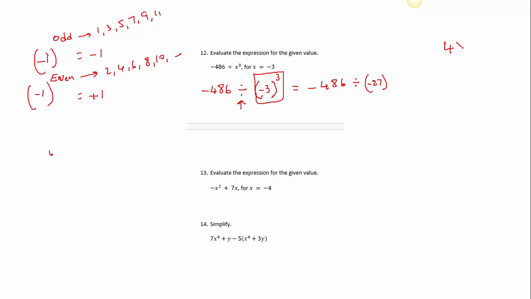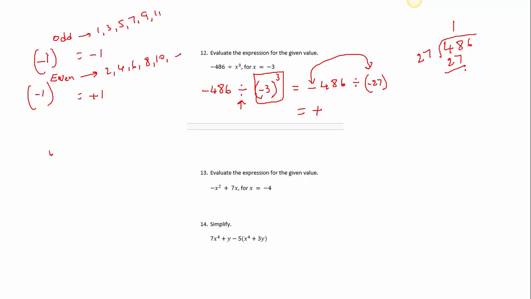Let's divide 486. Forget about the minus sign, because negative divided by negative makes it positive. So all we have to do is divide 486 by 27. Now 48 divided by 27. 27 times 2 is 54, so that's only 1. 1 times 27 is 27.